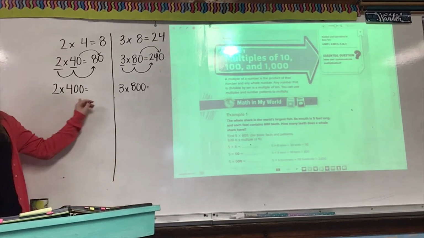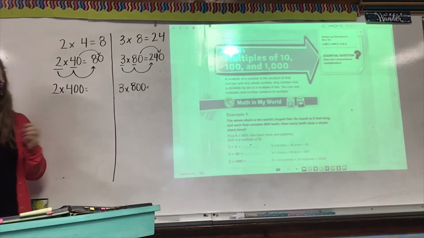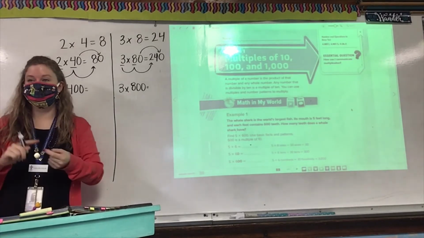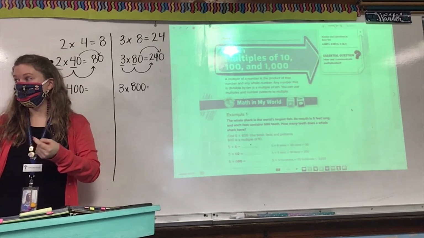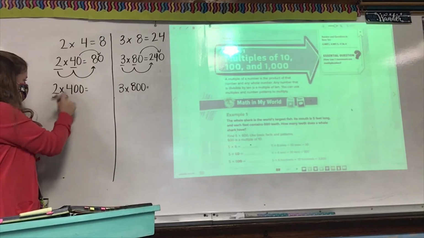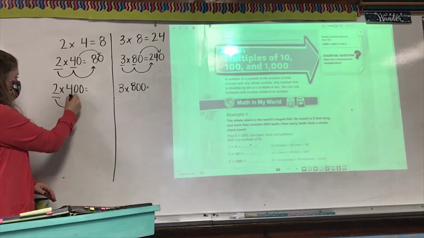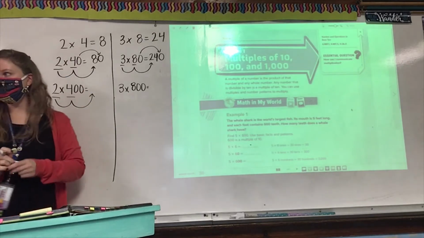Victoria, what do you think happens here? We have the same number, but we add 2. We don't add 2 zeros, because remember, adding 2 zeros means plus 0. So if we did 2 times 4, we would get what?